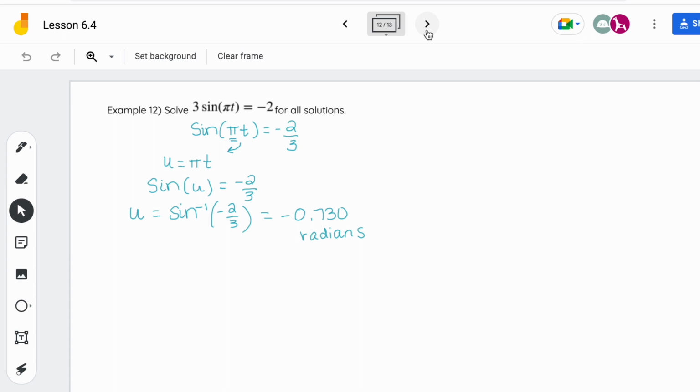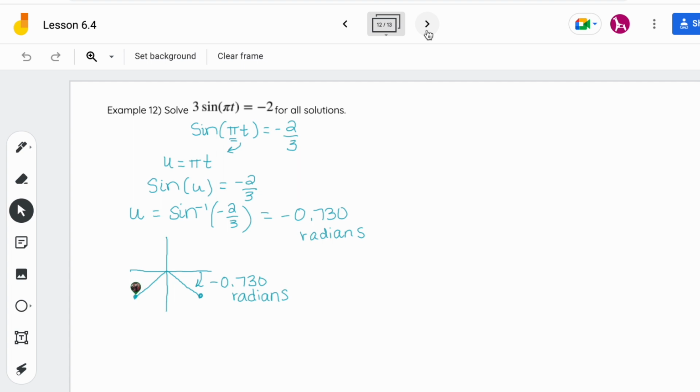So when I think about where I am here, from here to here, because sine is negative in the fourth quadrant, our y values, here to here is negative 0.730. I'm also negative for my y value in this quadrant.